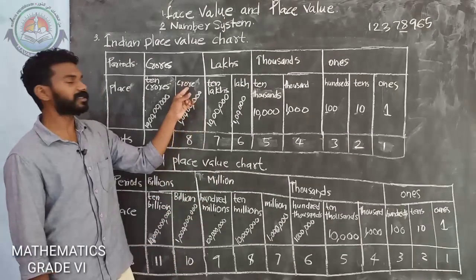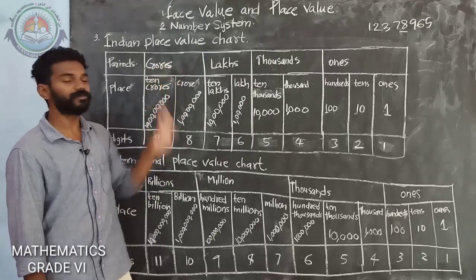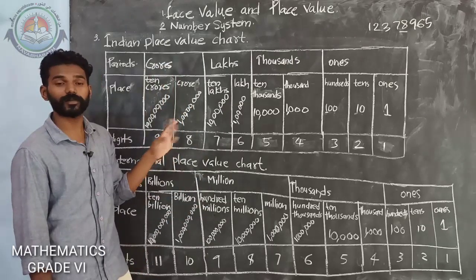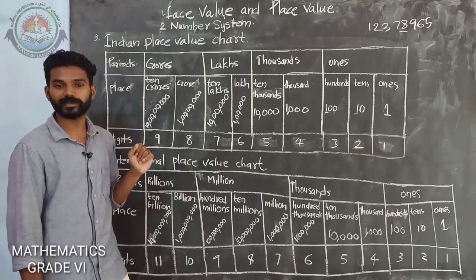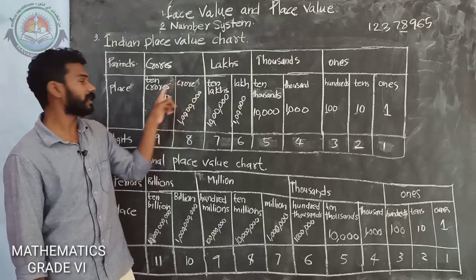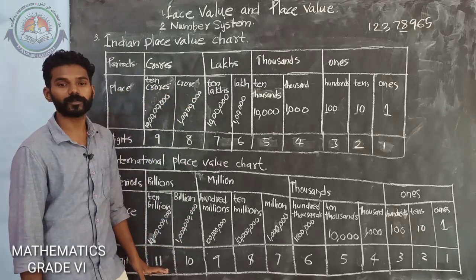Now, which is the next period? The period of crores, and you can see that in the period of crores two place values are assigned: crore and 10 crores.